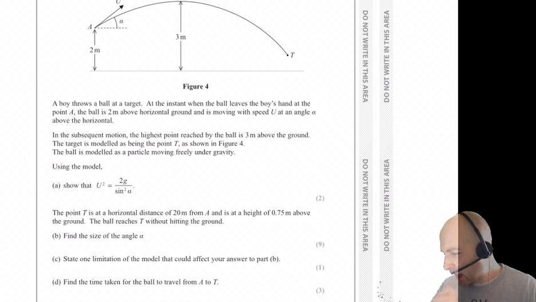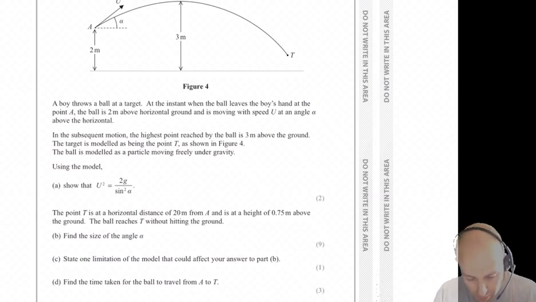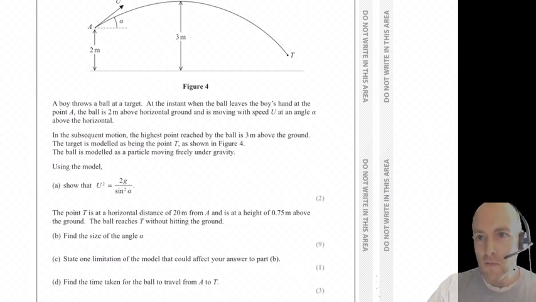I think you can. Yeah, okay. So could you guys try this one? It's a pretty bog standard projectiles question. We've got that lovely 9 mark question in the middle. So give it a go. I'm going to try this one as well, and I'll be back in 15 minutes to go through this one in the last 5 minutes of the lecture. Cheers, guys.